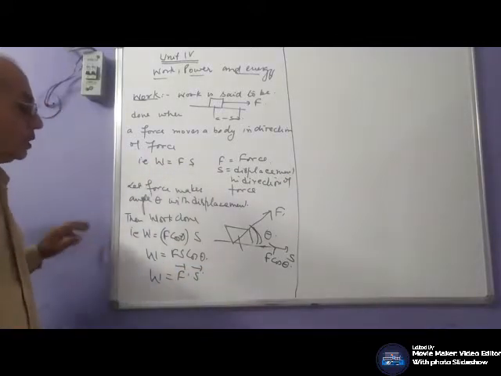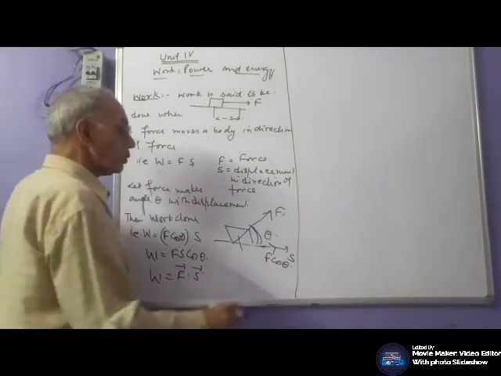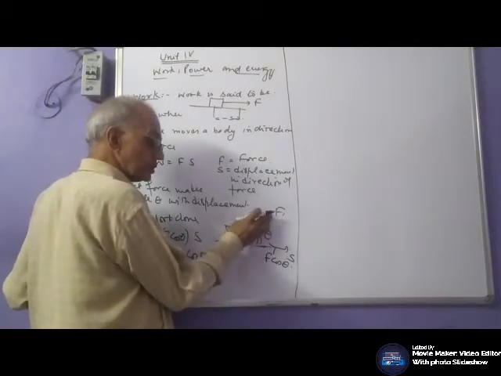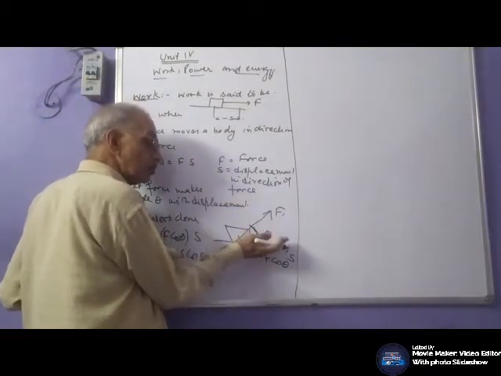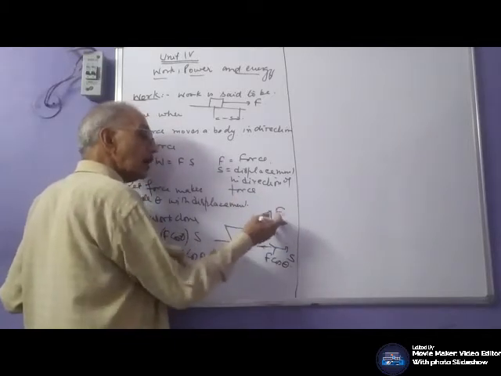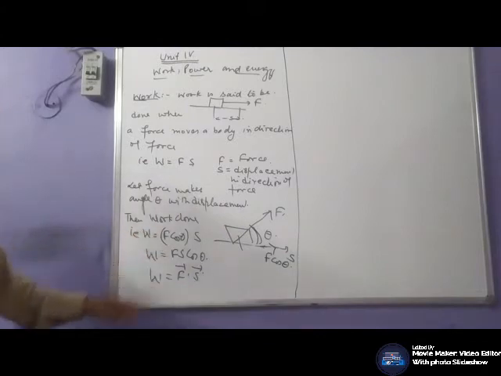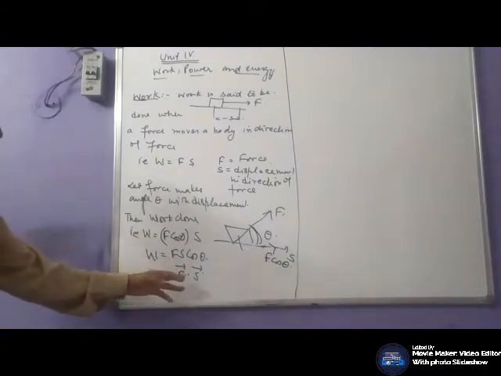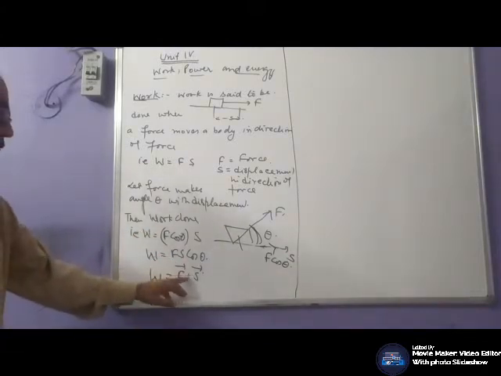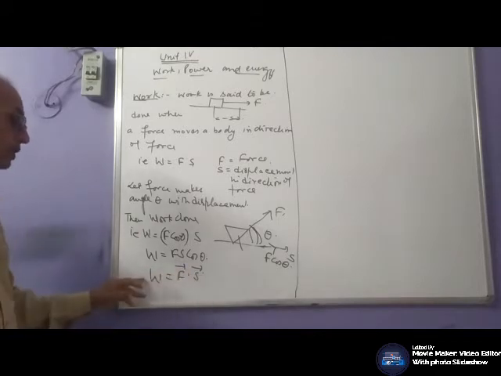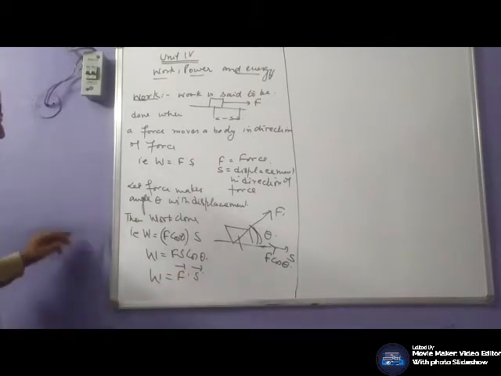So this is work. Suppose this is the direction of force. Take S to this side towards theta, S cos theta. Again the same, W is Fs. This is the general definition. Dot product of force and displacement is work.